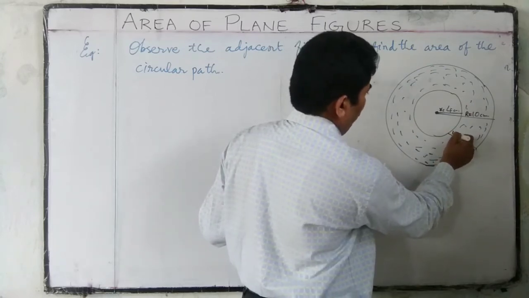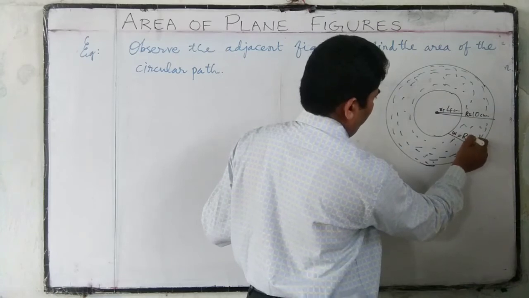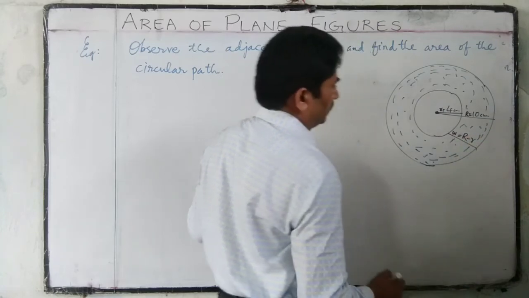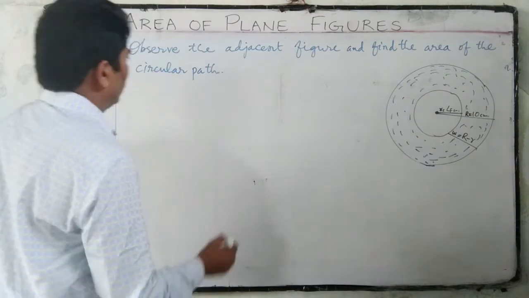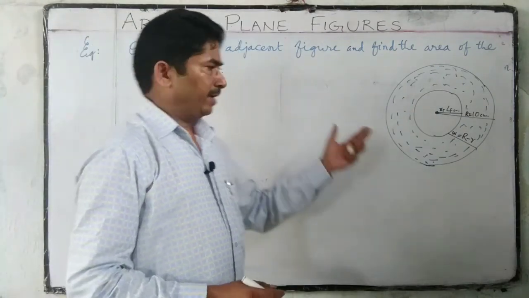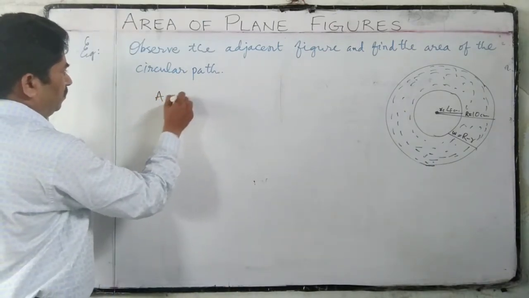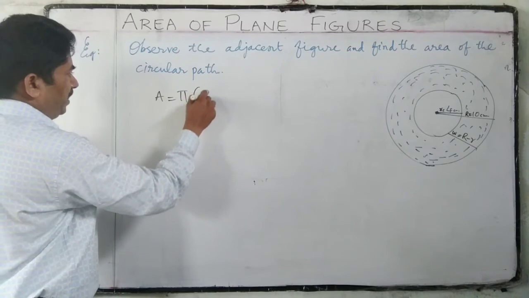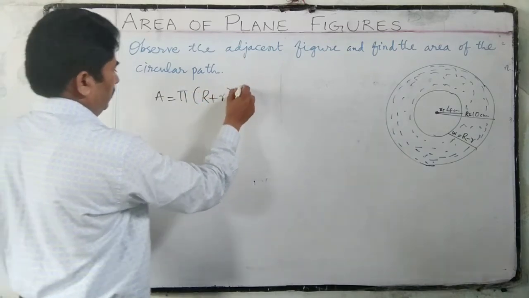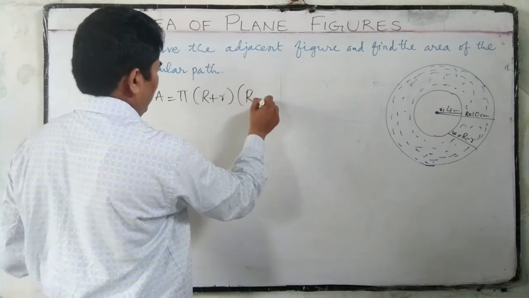W is equal to capital R minus small r. So no need of finding this. We can directly apply this formula: A is equal to pi into capital R plus small r into capital R minus small r.